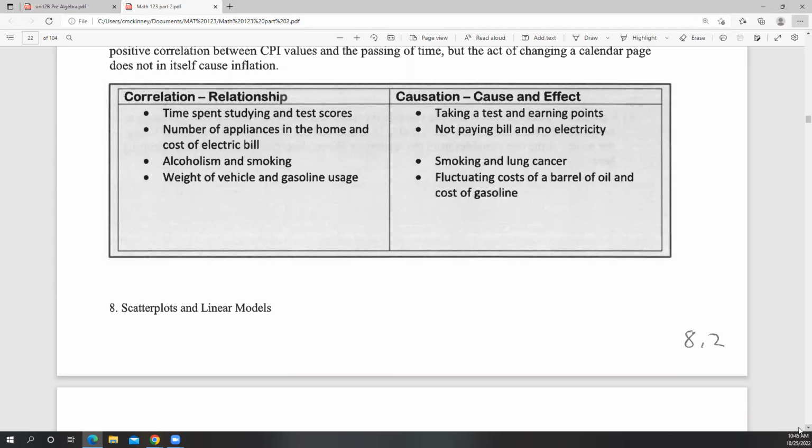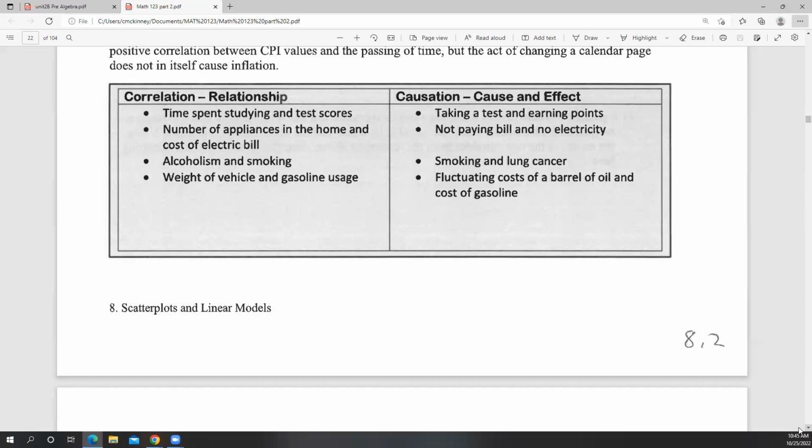Now there are going to be some things where the relationship could also have some cause and effect. So the time you spend studying and your test score, chances are the more time you spend studying, your test score is also higher. But we could know someone who studied lots and didn't have a high test score.